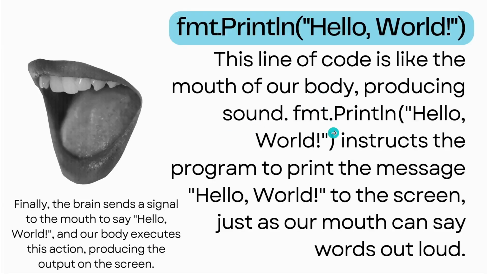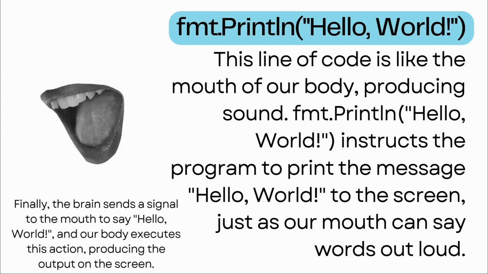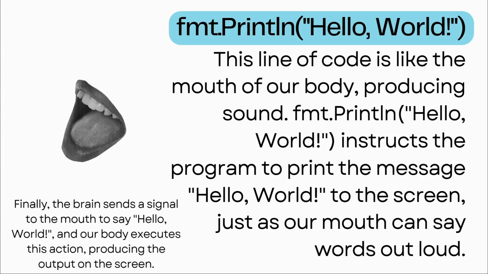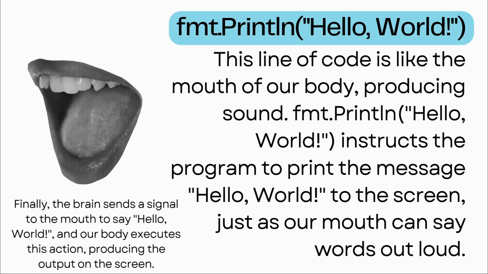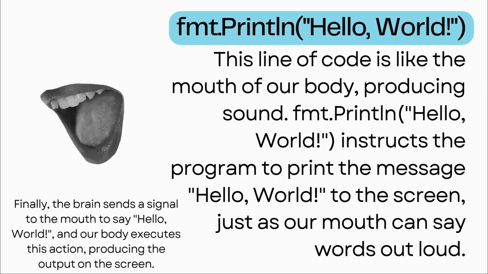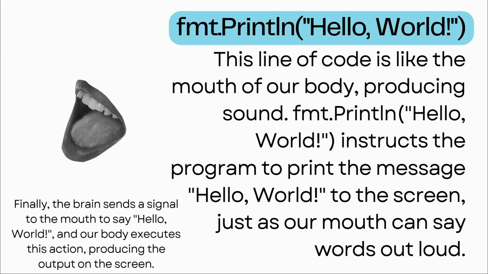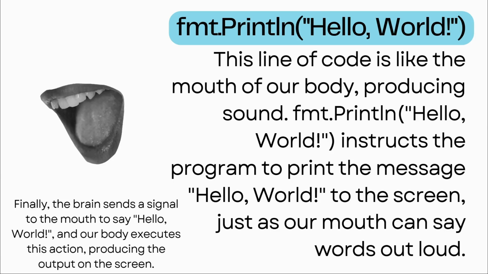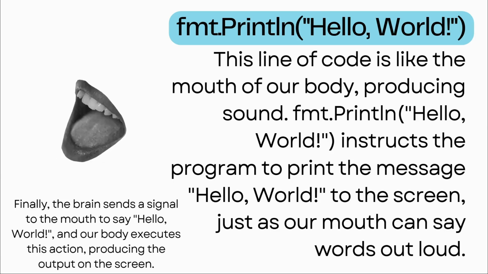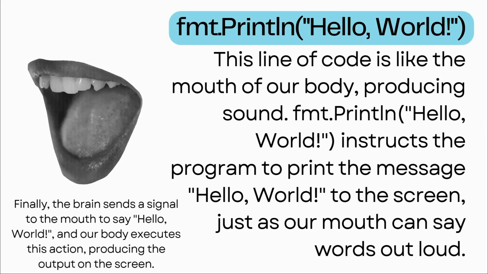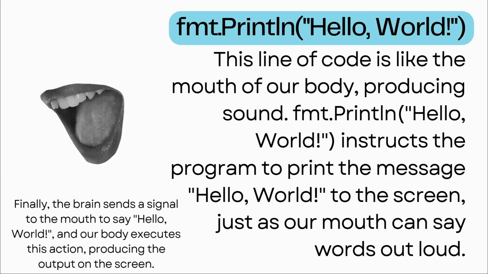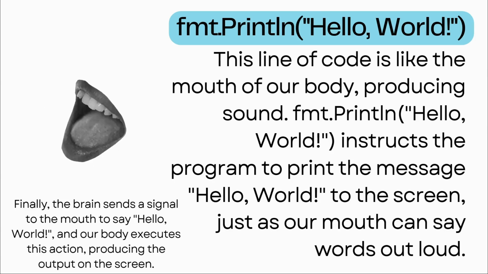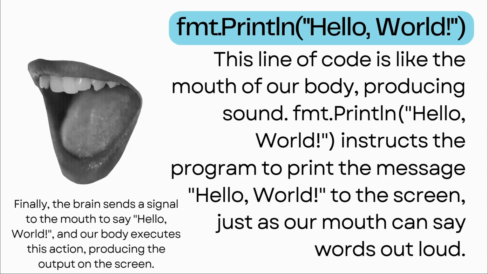You can consider this line as the mouth of a body, which produces sound. In the same way, fmt.Println will print any message onto the screen. Just as a mouth can say words aloud, the brain sends a signal to the mouth to say hello world, the body executes this action, producing the output on the screen. That means the main function, which is the brain, will send a signal to fmt.Println, hey, just print onto the console, and immediately it will print onto the console.